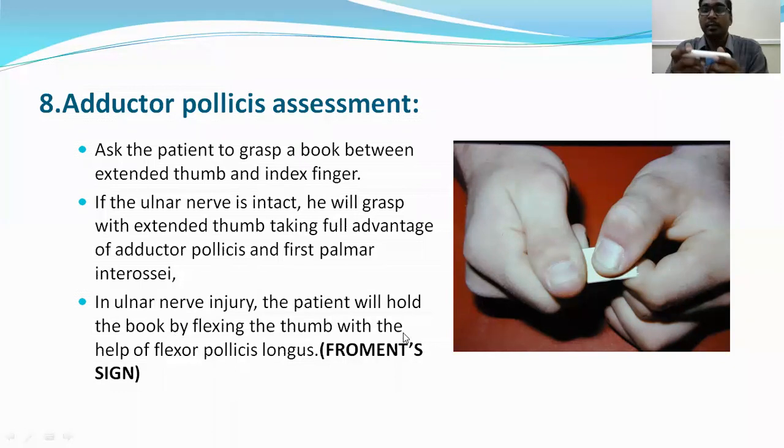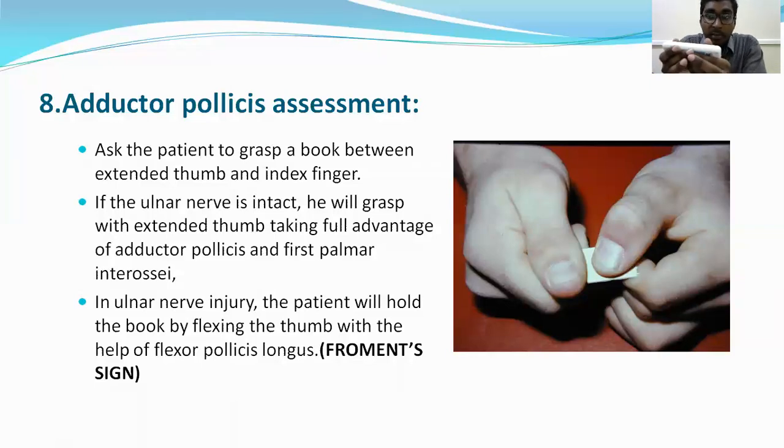Okay. So we ask the patient to hold like this, because here the adductor pollicis is good and working well. But if ulnar nerve injury is present, you can't do this motion. Adductor pollicis is damaged in ulnar nerve injury, but flexor pollicis longus, which is supplied by the median nerve, is intact.